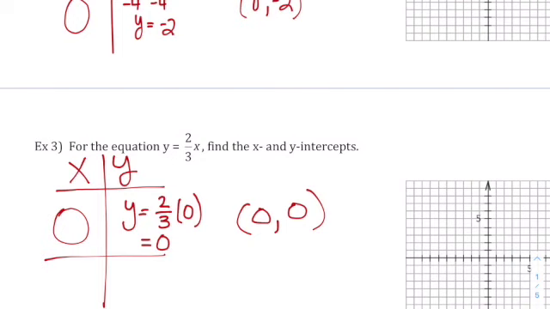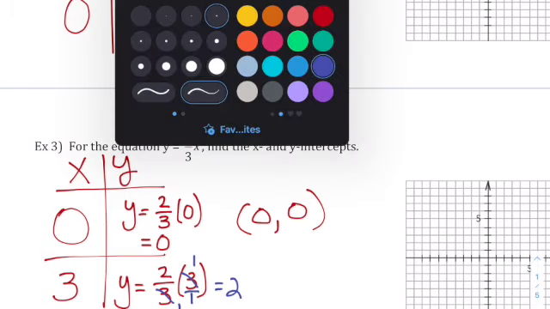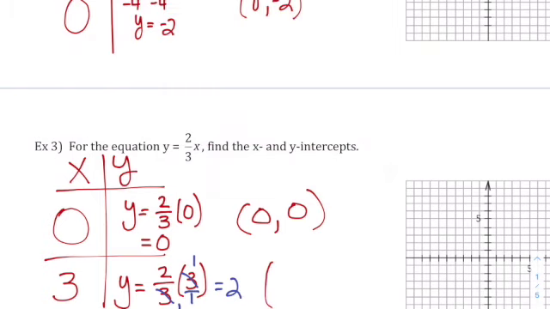If I pick x equals 3, that's y equals 2 over 3 times 3. And this 3 and this 3 can cancel out. That gives you 1, and so that's just 2. So your ordered pair for that one is going to be 3, comma 2.